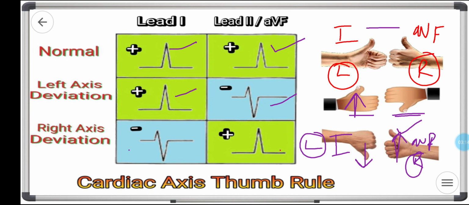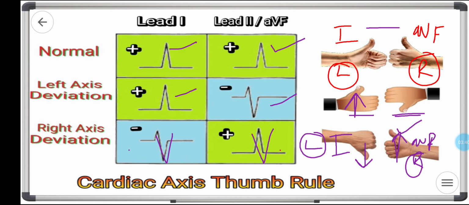If lead 1 is up and AVF is down, that's the left axis deviation, and the right axis deviation is the vice versa. There is another condition: if both QRS complexes are down in both lead 1 and AVF, that is called the extreme axis deviation.